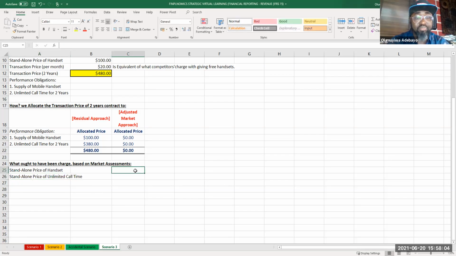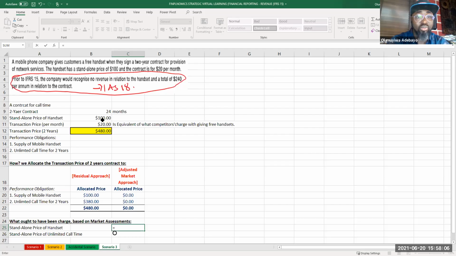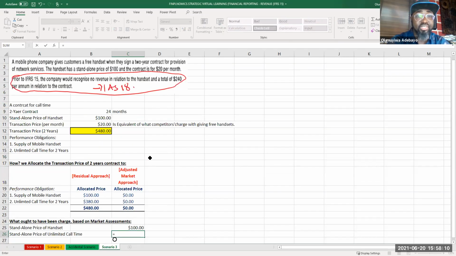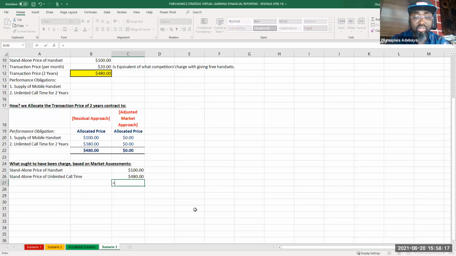And what is it? This, and the 480, which is $20 for 2 years, which means all is 580.